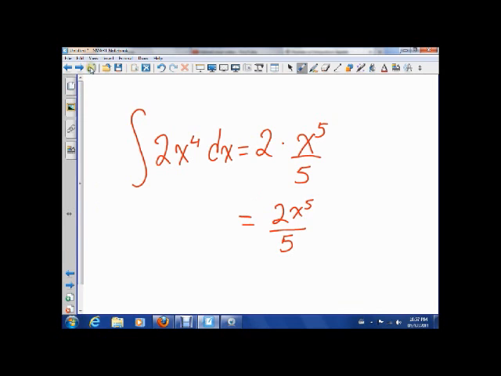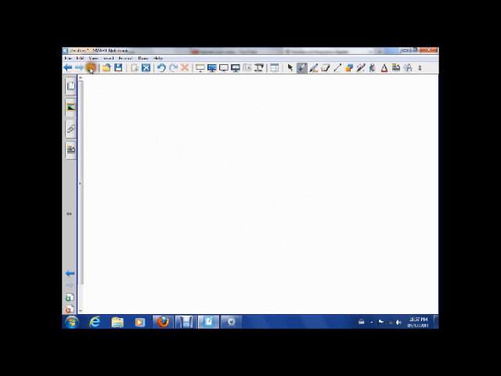Okay, now that's not it. So that's pretty much the gist of it, but I want to get you guys thinking about one more thing before you go, and it is the question, what is the integral of 0? So what can we take the derivative of to get the answer 0?